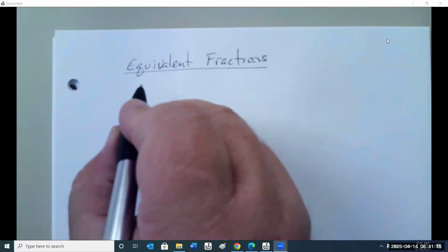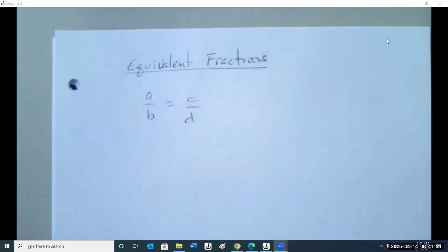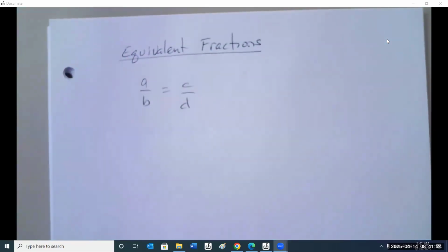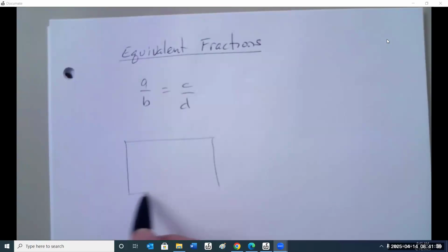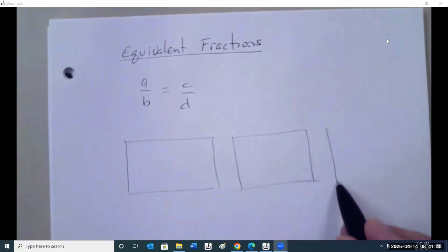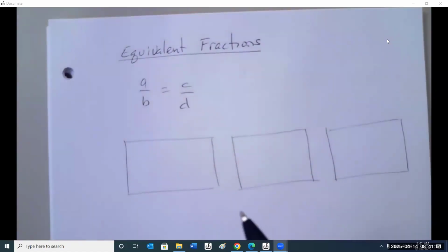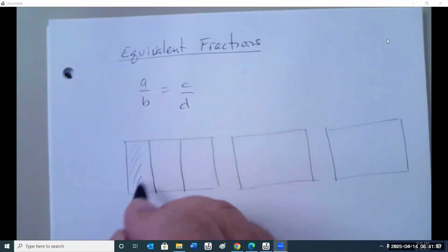So here we're going to look at A over B equals C over D. How are fractions equal? So if we look at a piece of paper, if we fold this into thirds, so this is how much?